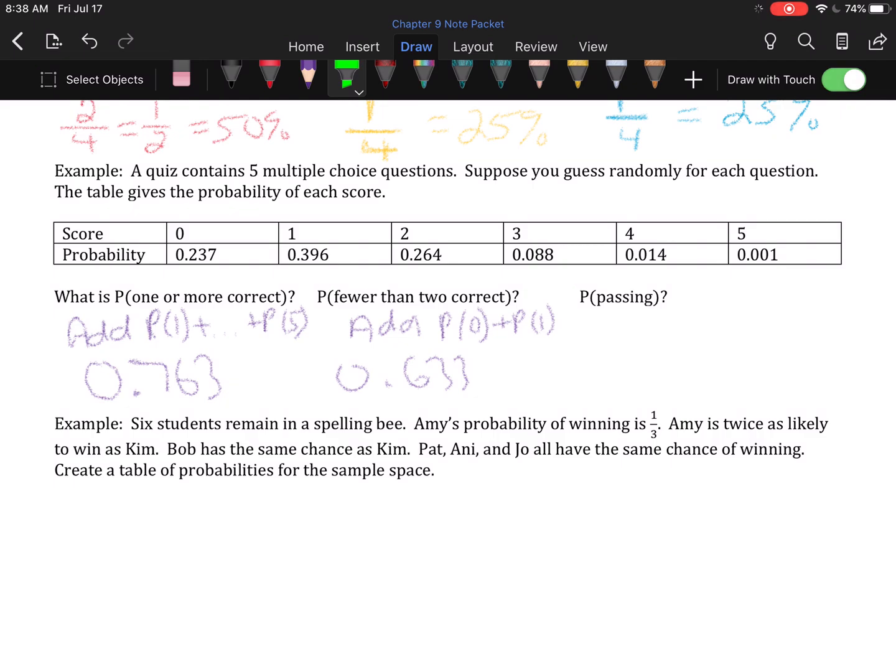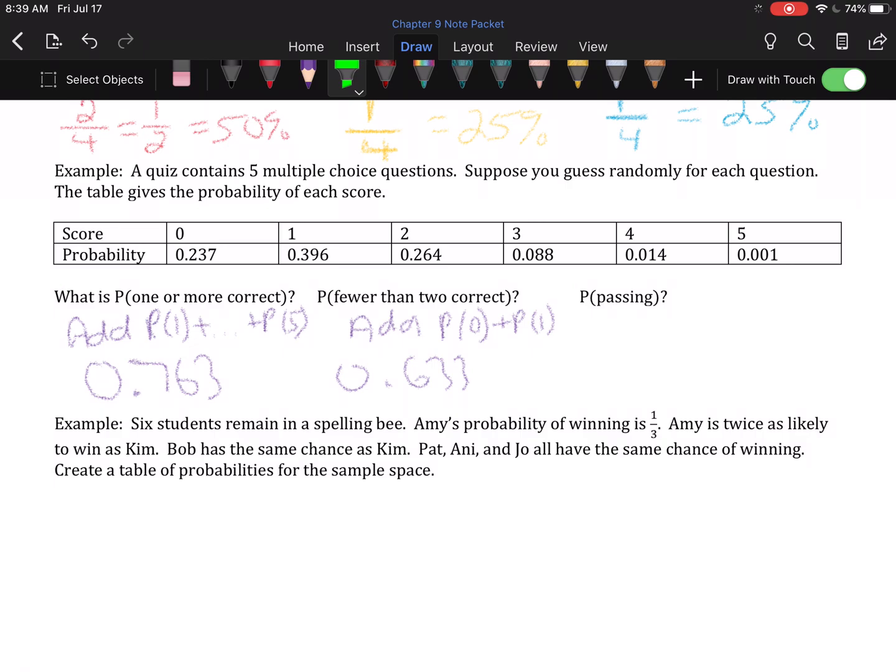And the probability of passing. Okay, now this one. A passing score is anything for us that is 70% or above. On a 5-question quiz, each correct question would be 20%. So 0 is 0, 1 is 20, 2 is 40, 3 is 60.